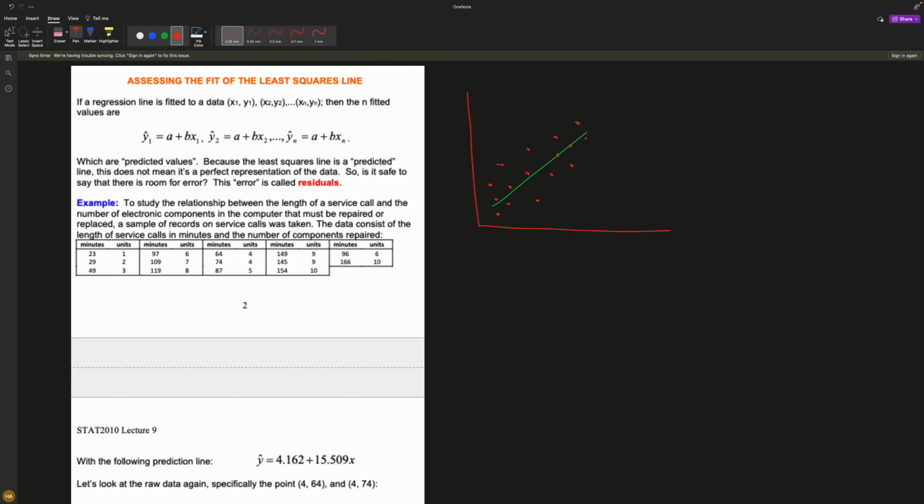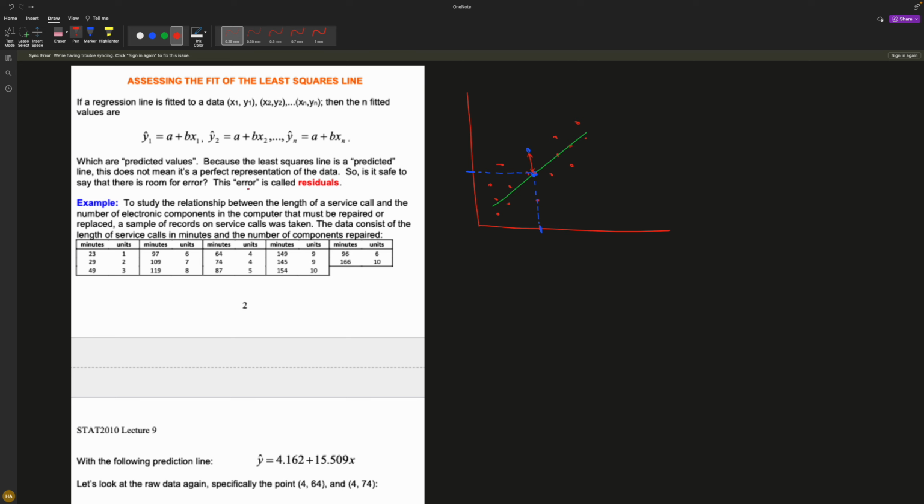So whenever you plug in an x value, it will give me a y, which meets right here, right? But the data at this particular x value is actually up here. That is the estimate. But the line of best fit basically gives you the best case scenario. So there is some error, and that's what we call residuals. Basically the residual, you can think about it, is the distance from the line to the actual point. Like that's your error margin.